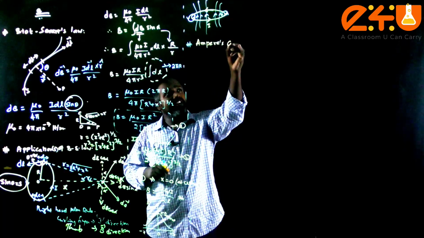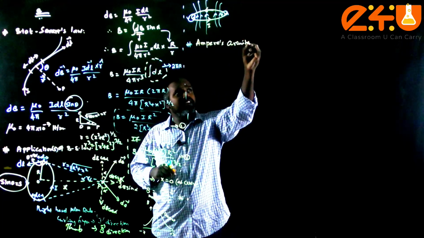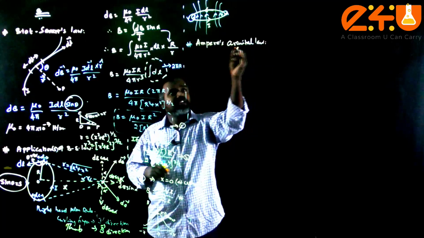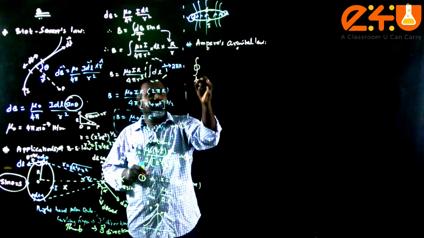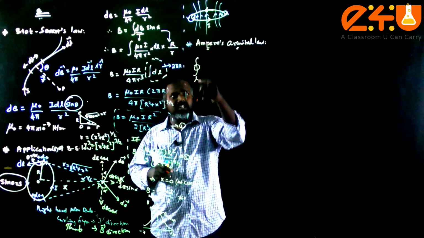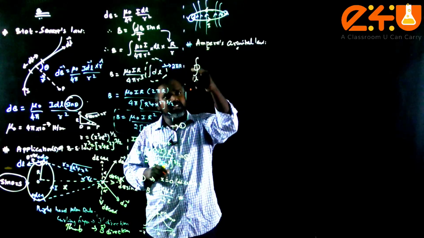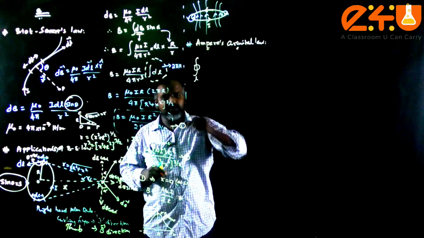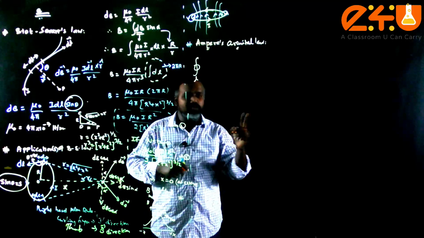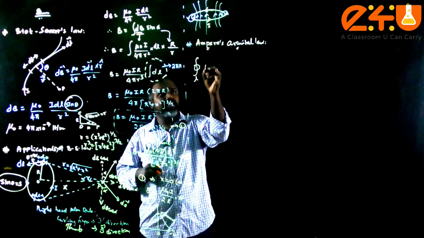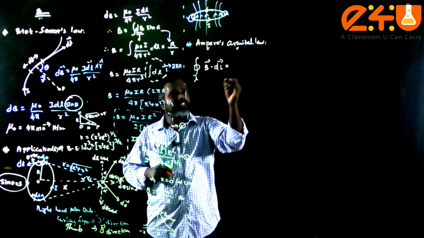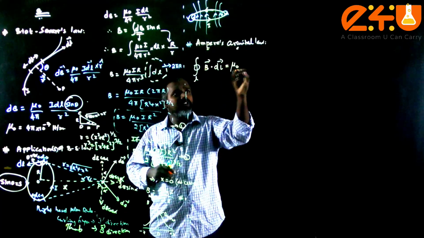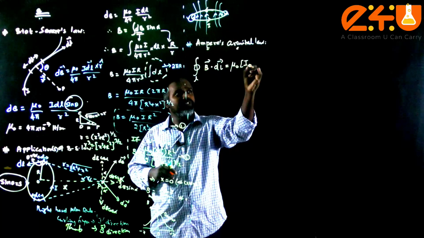Ampere's circuital law says that the line integral of B vector dot dl vector, where the circle on the integral sign represents that we are considering a closed path, is equal to mu naught times I enclosed.